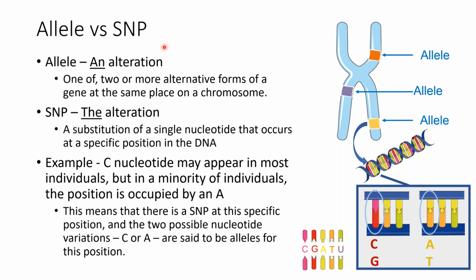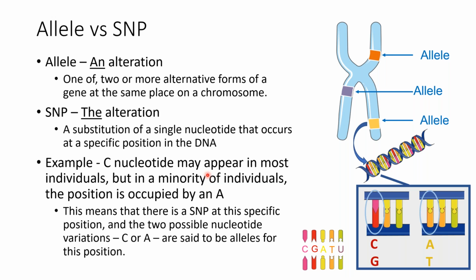And when we talk about those alterations, an example would be if we had something like a cytosine, there's a specific shape, and that will always bind to a guanine. So if we see a nucleotide, that could appear differently in individuals.